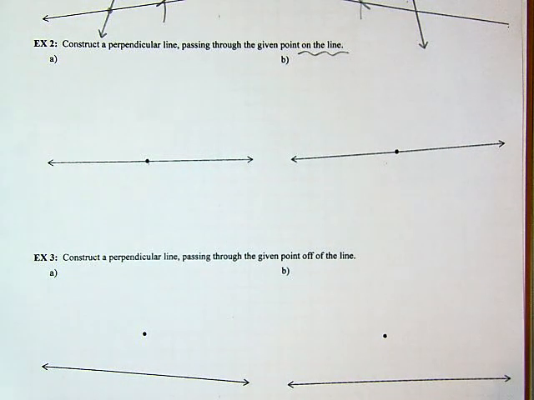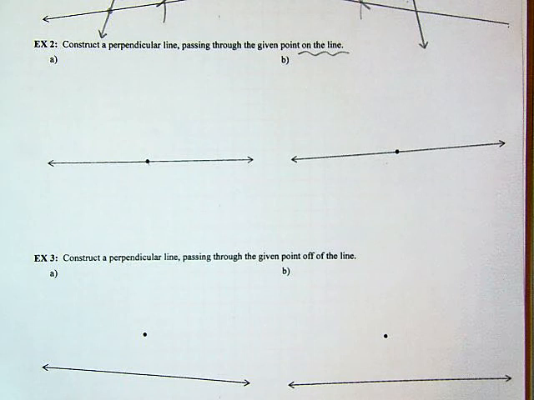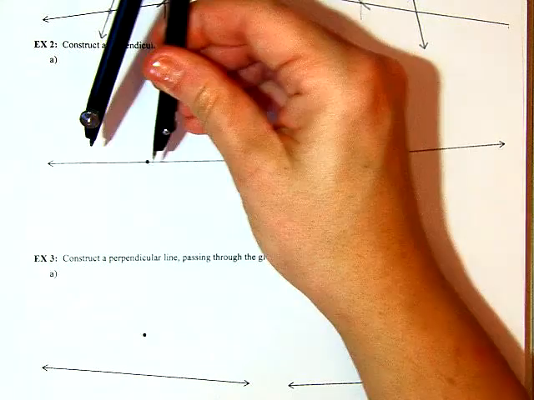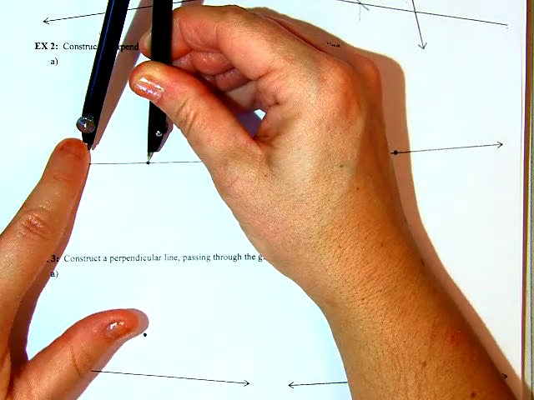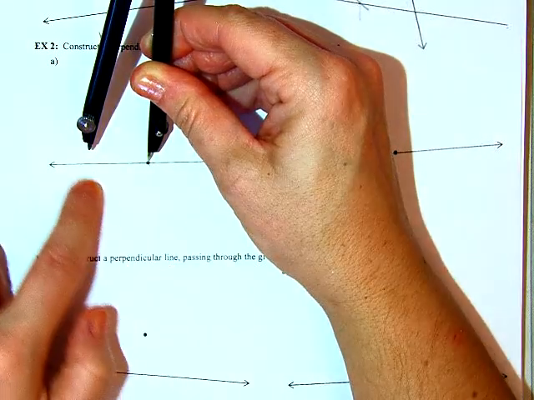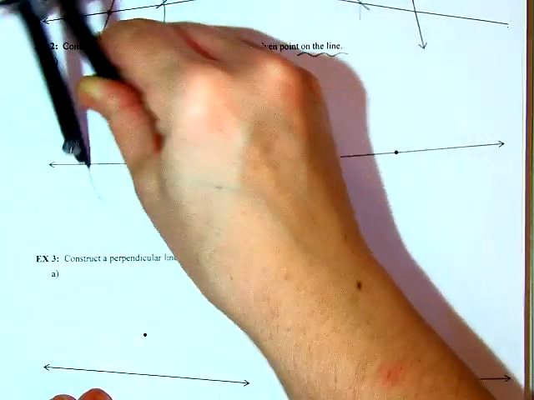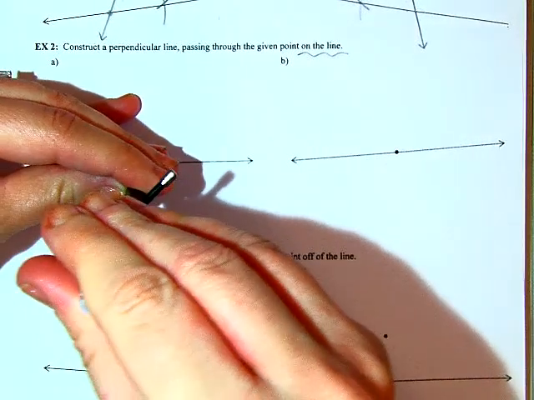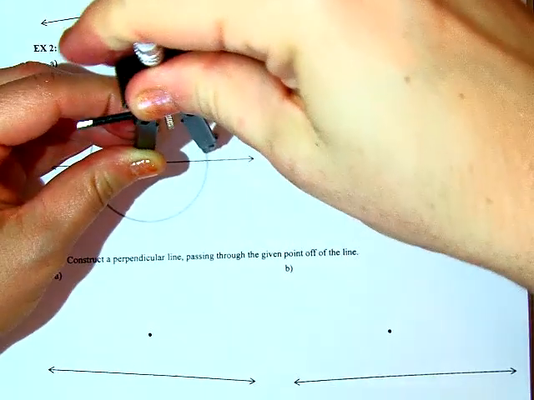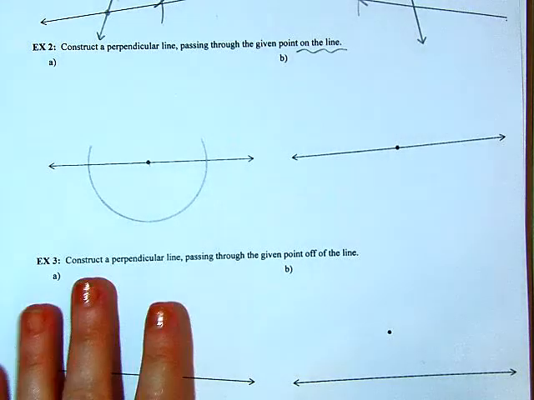So any setting is fine, it just has to slice through both sides. So I'm going to keep my compass at this setting, and I'm going to make a little U shape, right? I'm going to draw kind of half of a circle, maybe a little bit more. So I'm interested in where it's going to slice through, like so.